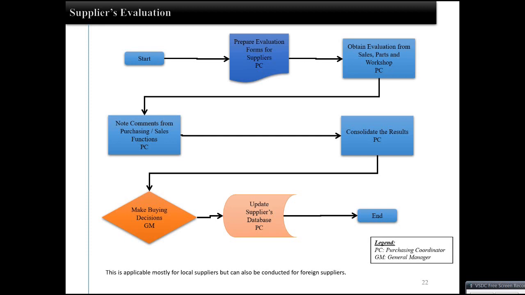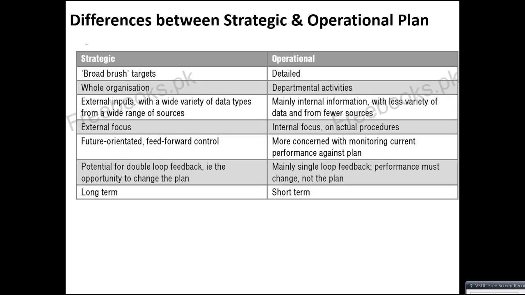If you are importing, then prepare the landed cost, how much cost is there for this, because it is the purchase department's responsibility to make sure that the cost is okay according to the budget.